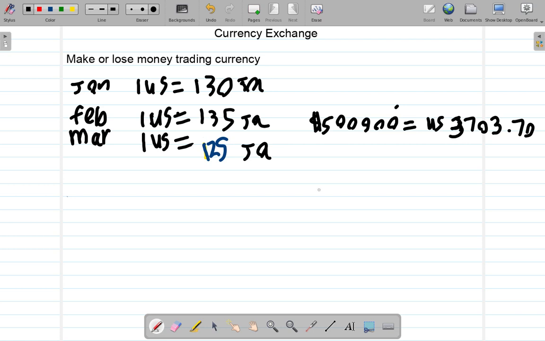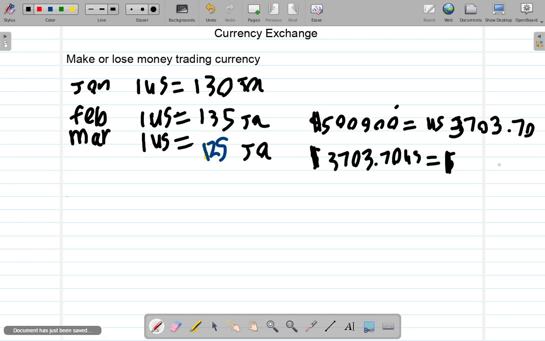They have their 3703.7 US. And come March, they have to change it back to Jamaican because they need to do their business and it's in Jamaican dollar. All right?